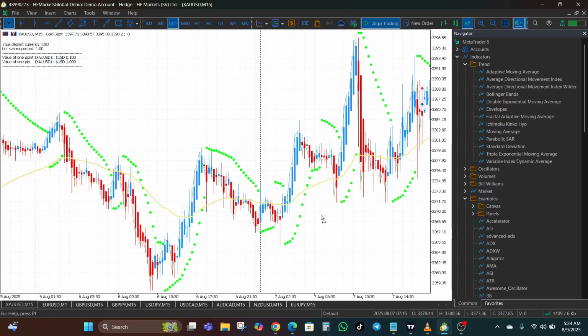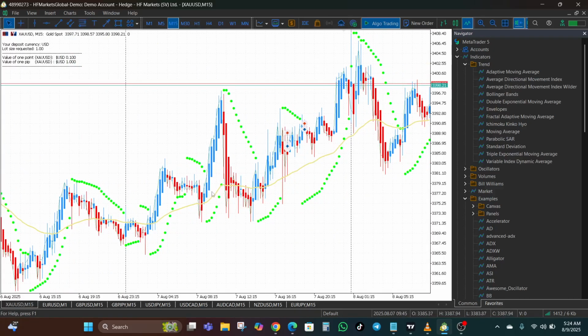And then if you are in a buy trade, let's say you entered a buy trade around here, you can stay in that trade until the parabolic SAR flips to the upside. So it's a very easy strategy, okay? The moment the dots flip to the opposite side, consider closing your position. This helps you lock in gains before a reversal erases them.